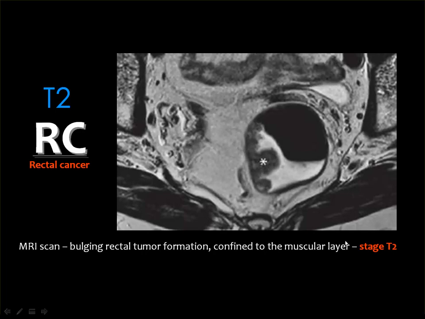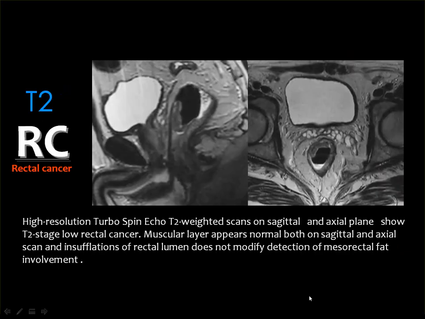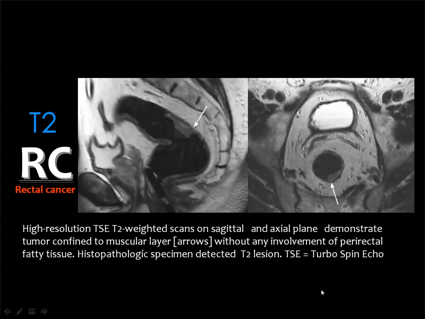And this is T2 cancer, where the muscularis propria, the low signal line, appears intact at the base of the tumor. And this is also a T2 rectal cancer, where you can see the tumor and you see the integrity of the anterior aspect of the rectum, and it's very clear in the T2 weighted image.